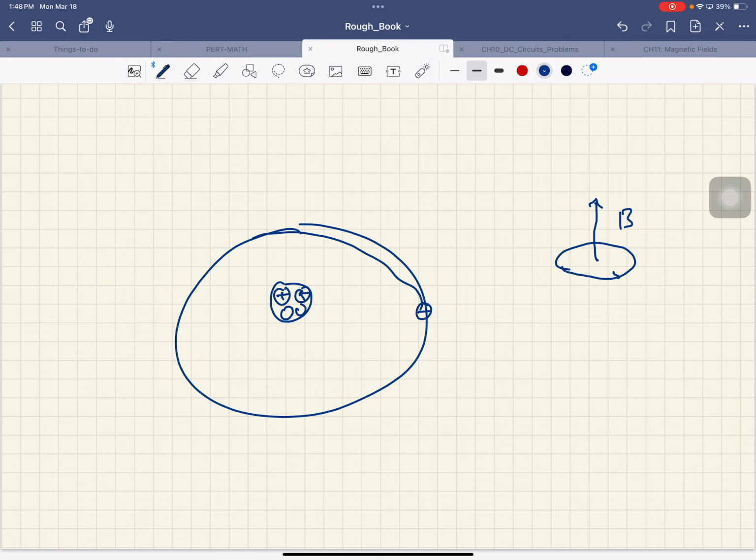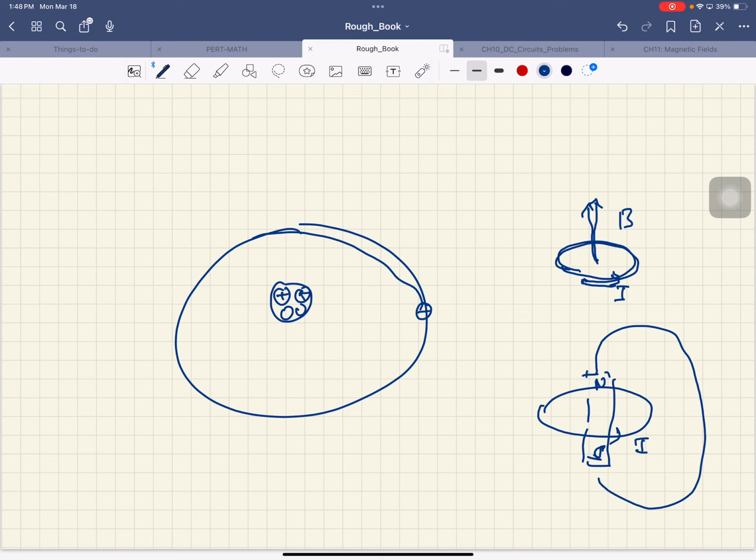If a charge travels in this direction, it'll produce a magnetic field like that. A ring of current like that will produce a magnetic field like that of a magnet. So the fields will look like this.